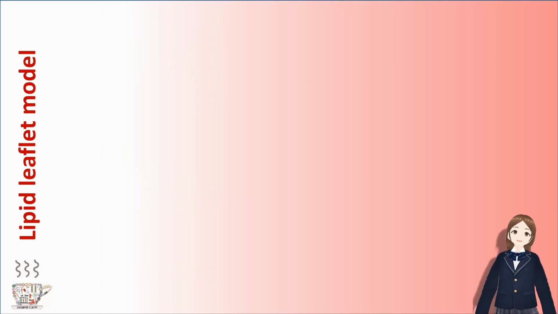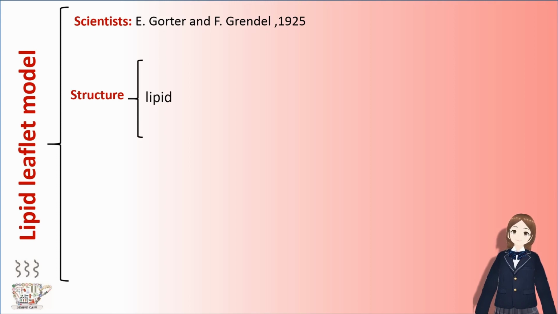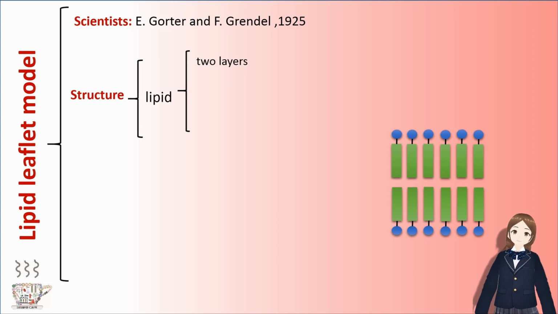The next model is the lipid leaflet model. E. Gorter and F. Grendel in 1925 presented this model. According to them, the cell membrane is made up of lipids that are 2 layers, and its components are phospholipids.